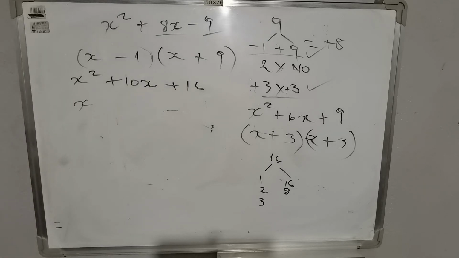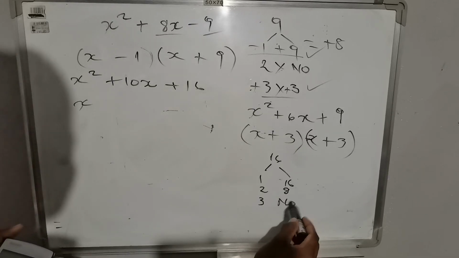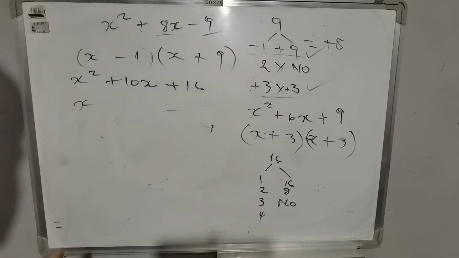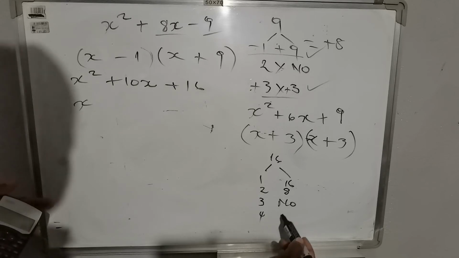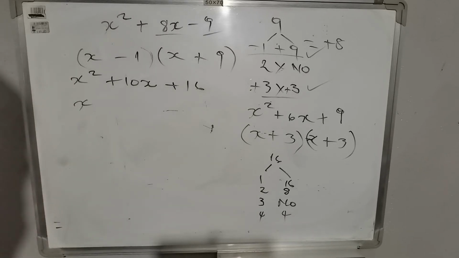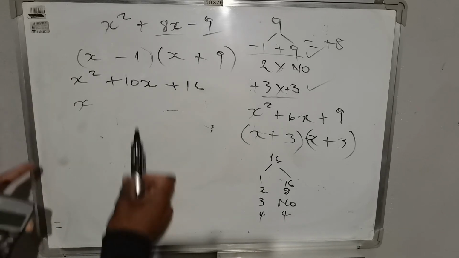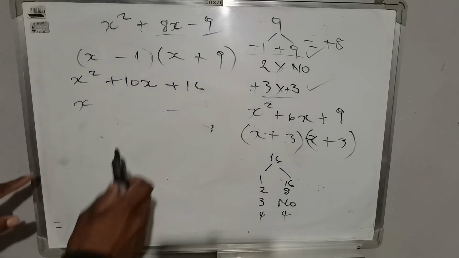Where is my calculator? I don't think we do have. No, we don't. Do we have any number that if we multiply by 4 we get 16? Yes, that's 4. 4 times 4. Let's stop.